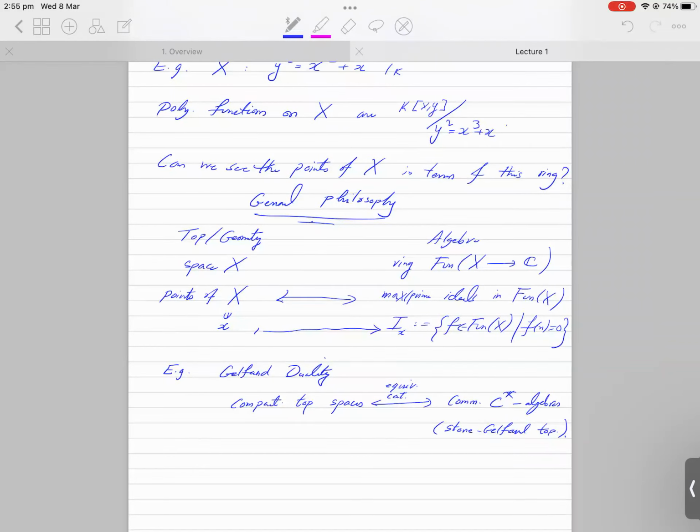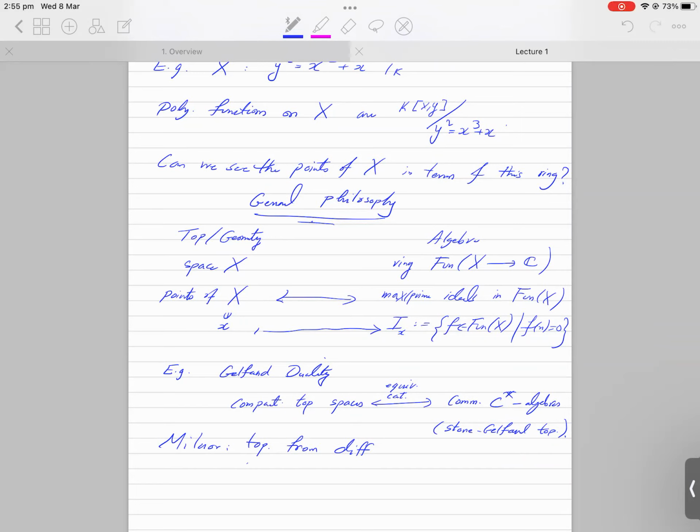There's also this great book by Milnor, by the way, Topology from the Differentiable Viewpoint, where he also talks about this philosophy. In the first chapter, he talks about how functions on a topological manifold or on a differentiable manifold determine that manifold and how to work with that.